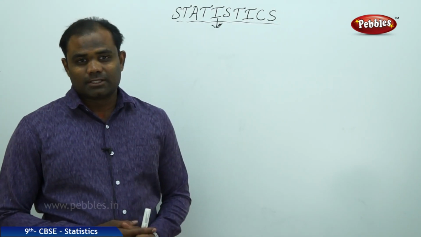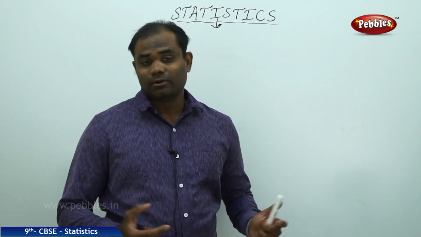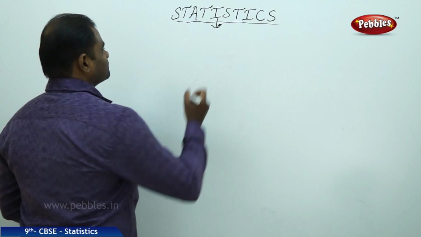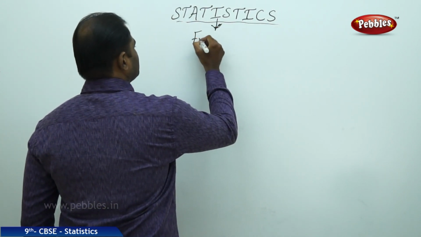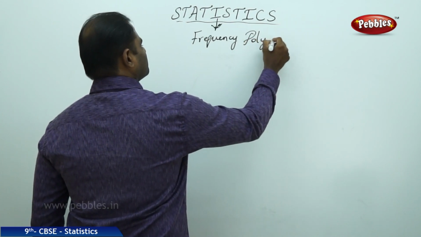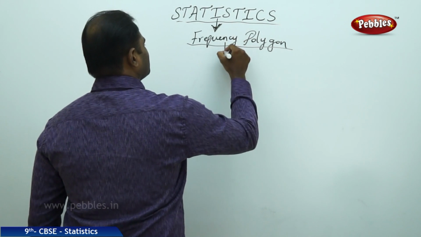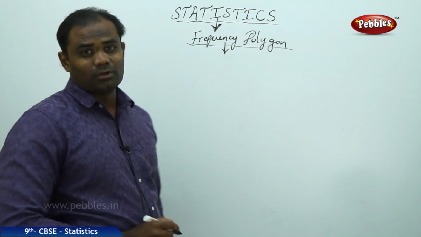Now that we have discussed two graphical representations, the third and final graphical representation of data is called the frequency polygon. What is a frequency polygon?